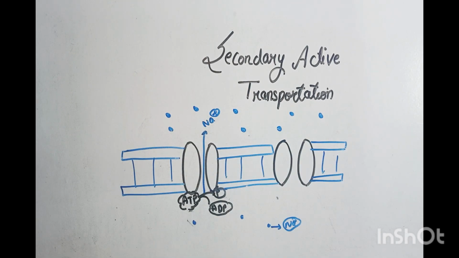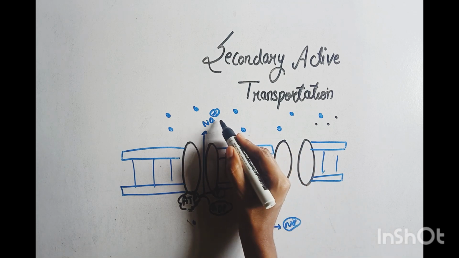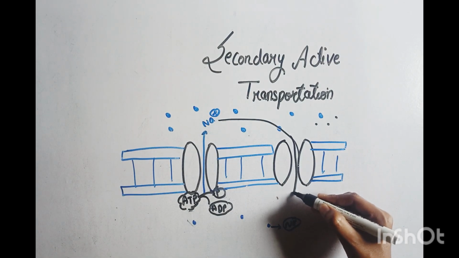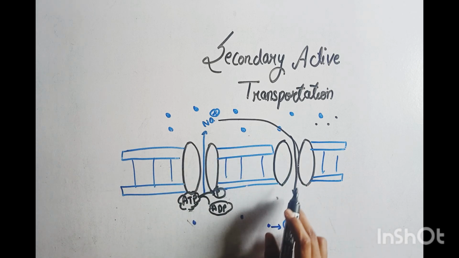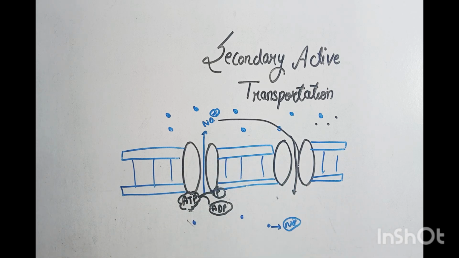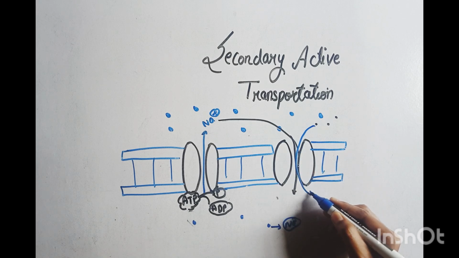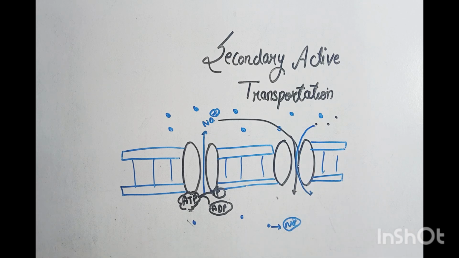What is secondary active transport? In secondary active transportation, the concentration of sodium is very high on one side. The sodium moves from high concentration to low concentration, and along with it another substance is also transported.